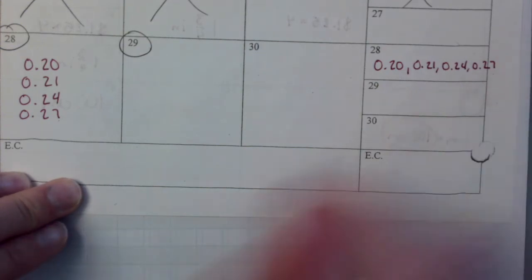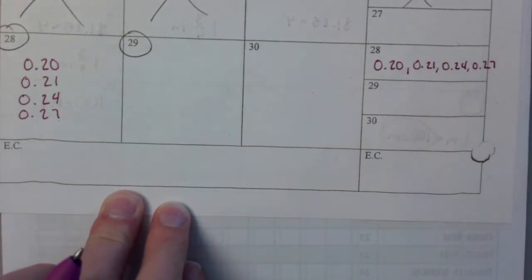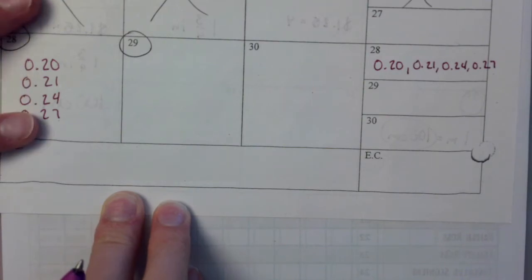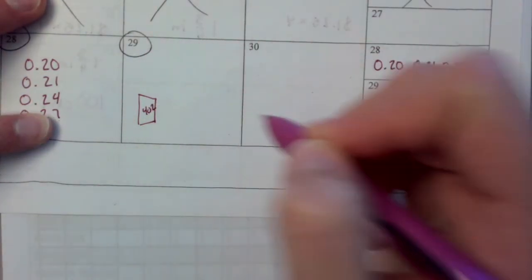And then 29, the Washington Monument is 153 feet taller than the City Center building in Nashville, Tennessee, which is 402 feet. How tall is the Washington Monument? Explain your answer. So we've got the City Center, that's 402.